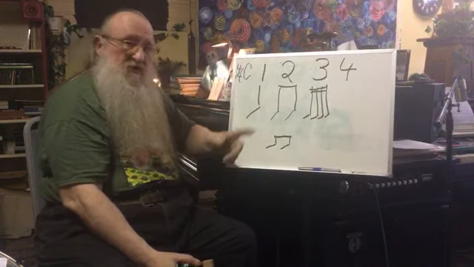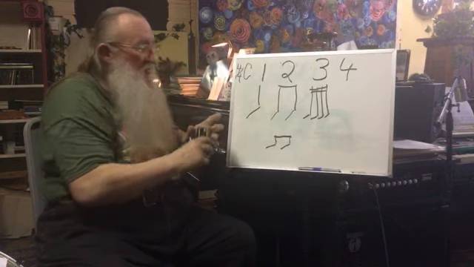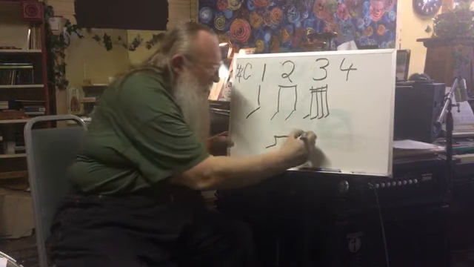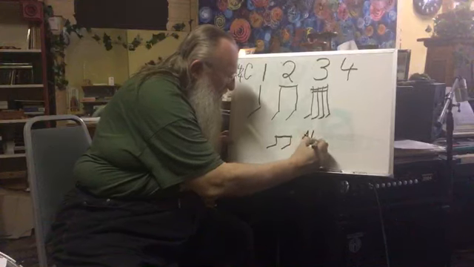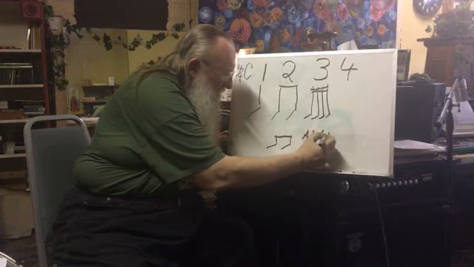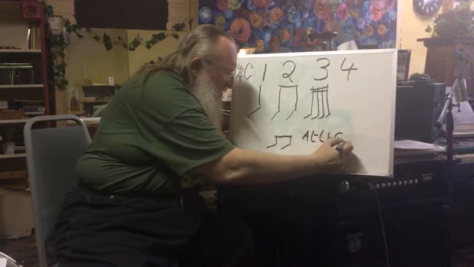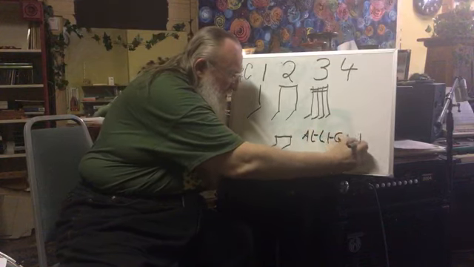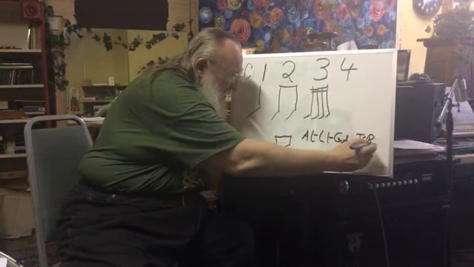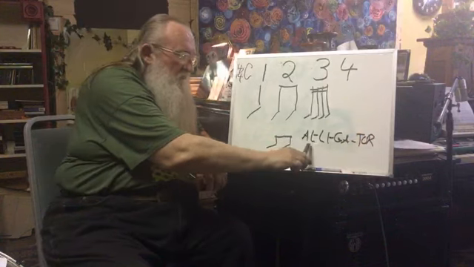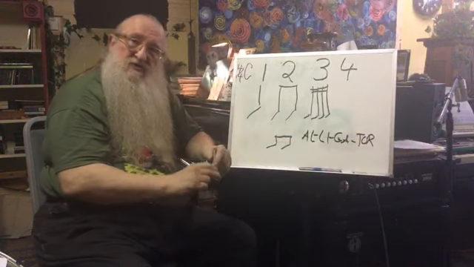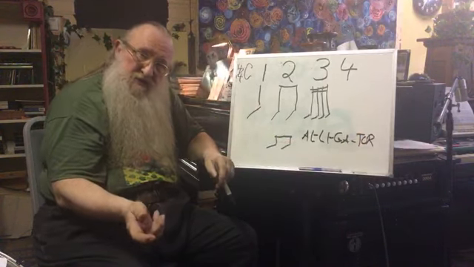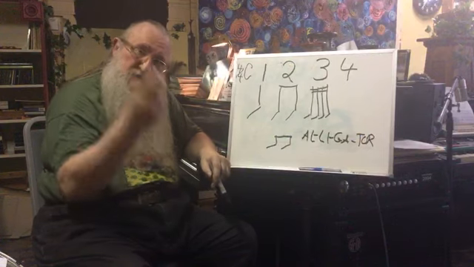Now today we're introducing the new note, which is alligator. So al, la, gate, tor. You can see it has four syllables, and those four syllables have to be stated in one beat.